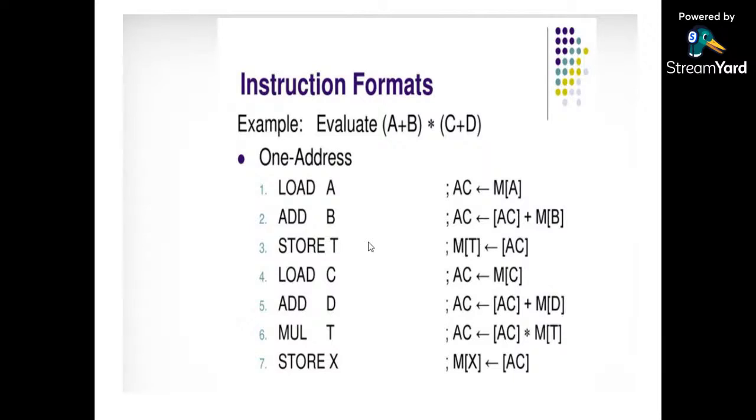So what does RISC philosophy mean? These basic instructions or operations should be carried out in one clock cycle, and the speed is achieved with the help of pipelining. Whenever we study pipelining, we need to understand that simple instructions can be executed in one clock cycle.